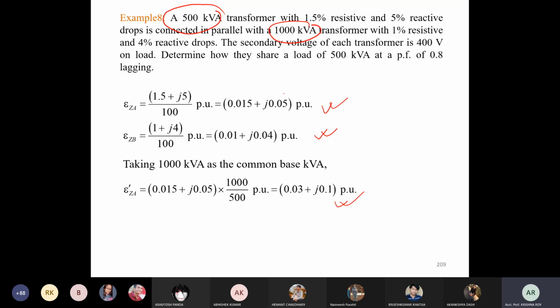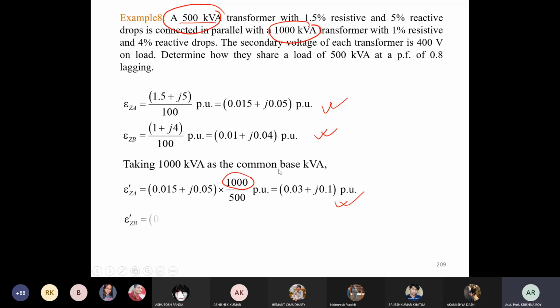Initially this per unit value was based on its own rating 500 kVA. Okay, so now we are calculating the per unit leakage impedance for transformer A with respect to 1000 kVA. So first of all, the per unit value is converted with respect to this 1000 kVA base.